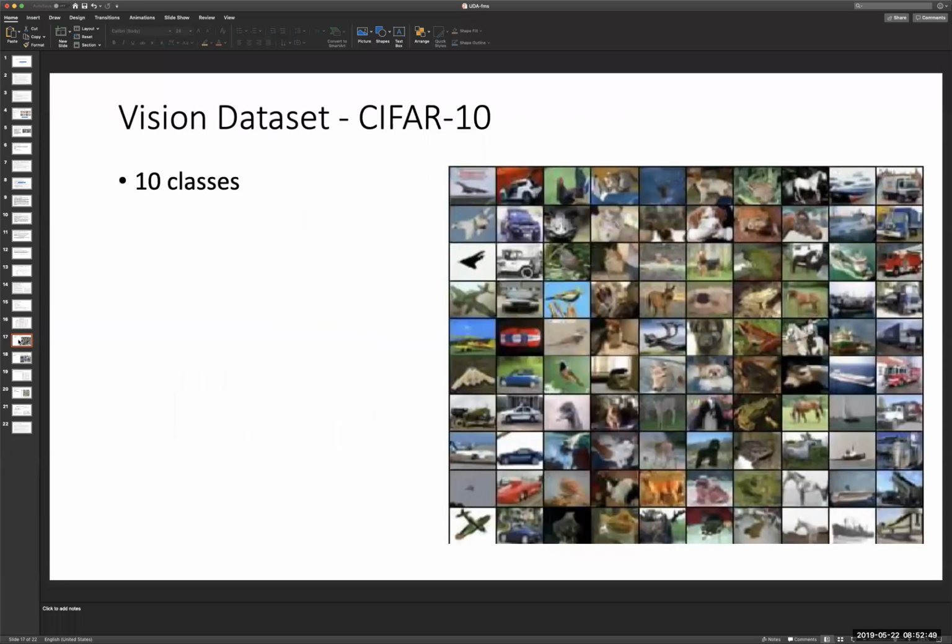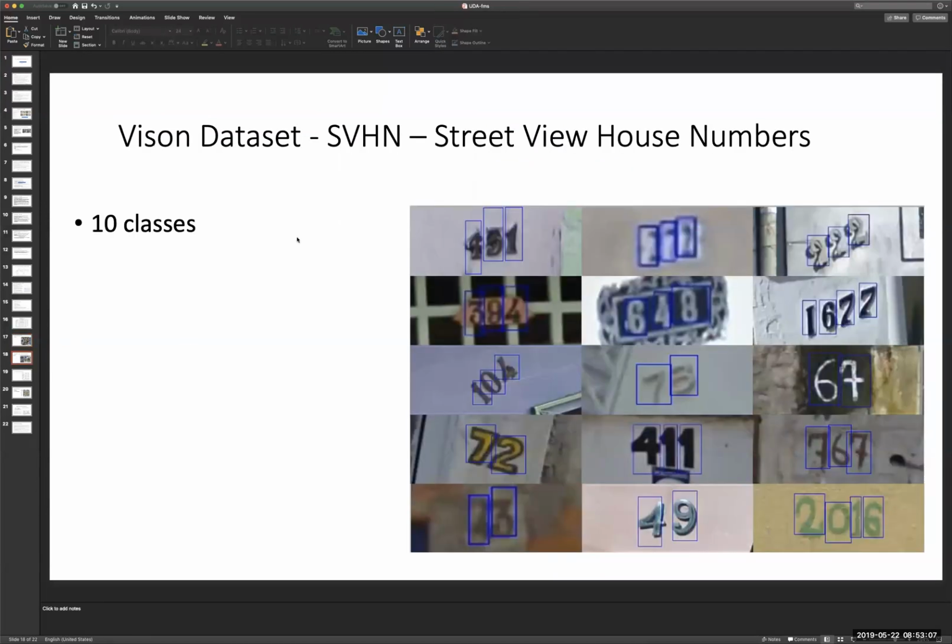All right, so we're going to move our experiments next to vision. And I'm just going to briefly talk about these two tasks. CIFAR-10 has 10 classes, and here's an example of what they look like. And the other vision data set is Street View House Numbers.